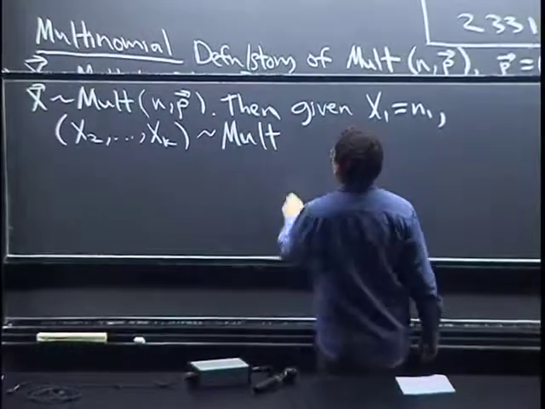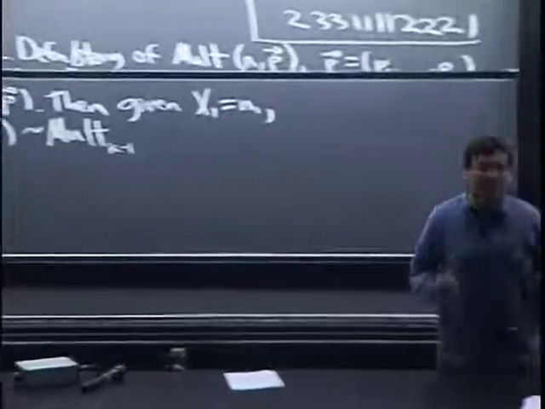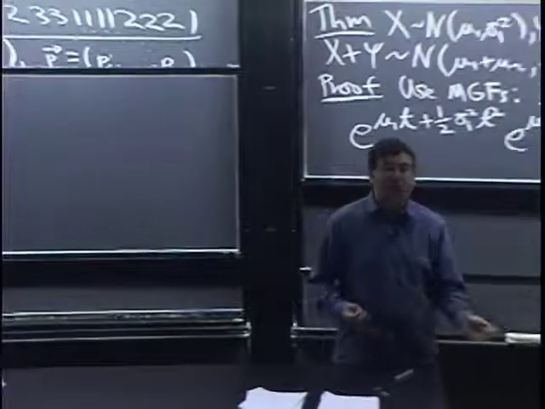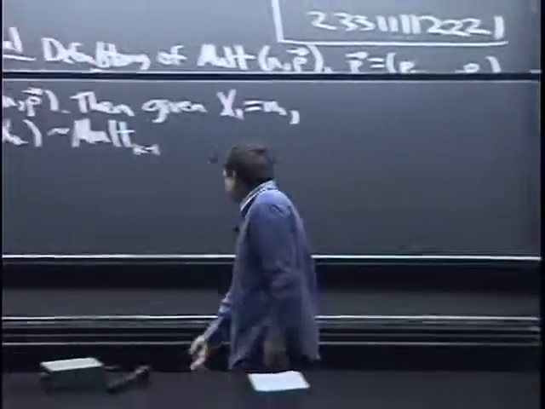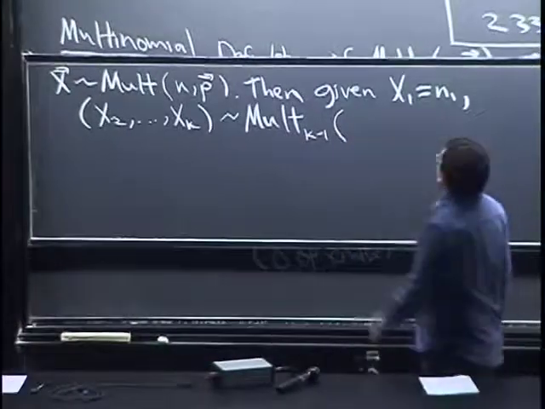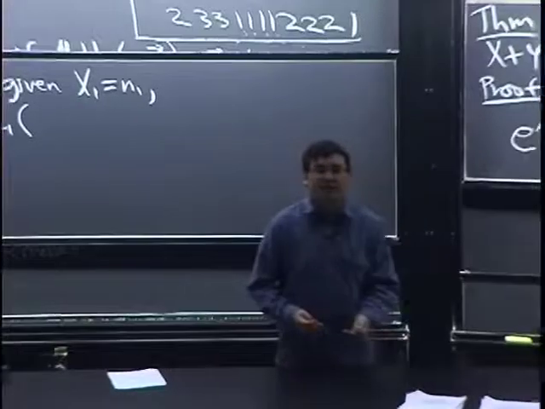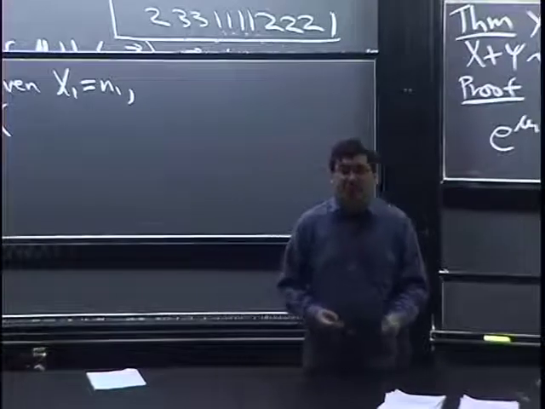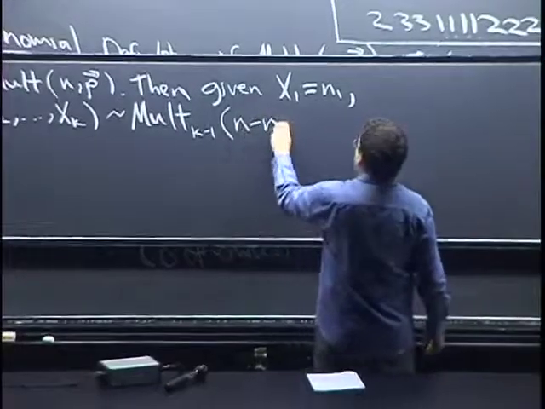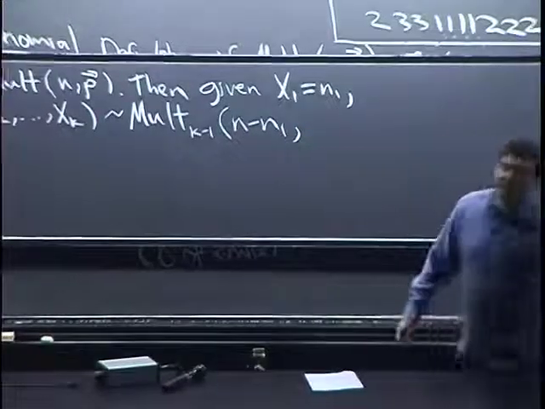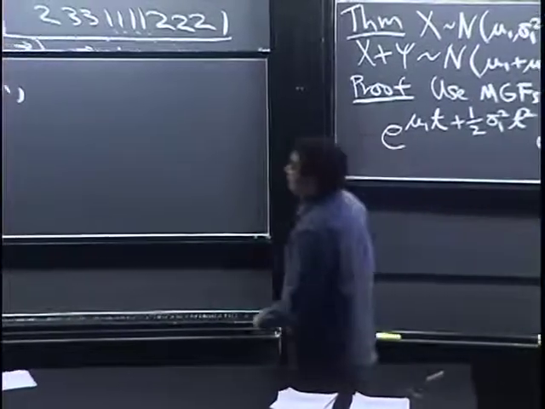So now this is going to be k minus 1 dimensional because we know how many people are in the first category, but we're looking at the remaining k minus 1 categories. And n1 people have been allocated into the first category, okay? So we have n minus n1 people left, and then we just have to get the probability vector right.